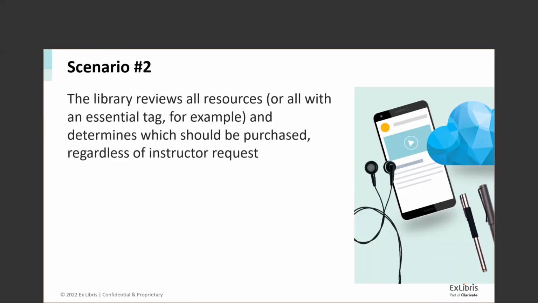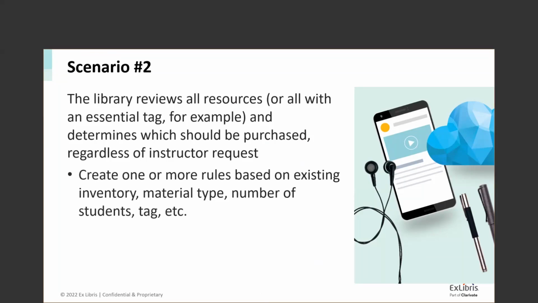So same process. To do this, we would create a rule, this one will be a little bit more complex, based on the existing inventory. We don't want to purchase things that we already have, or we don't need to purchase things that we already have, let's say.